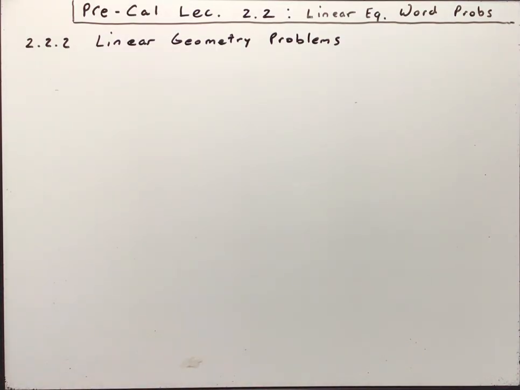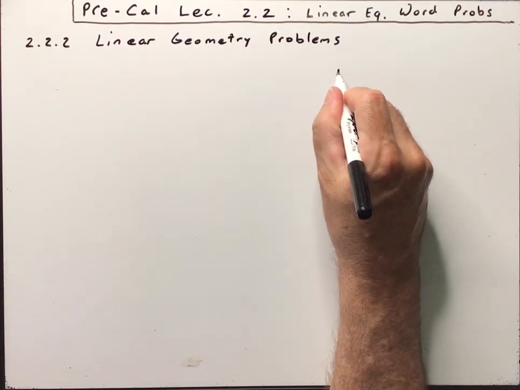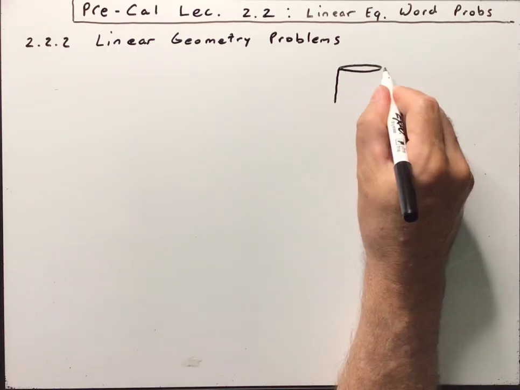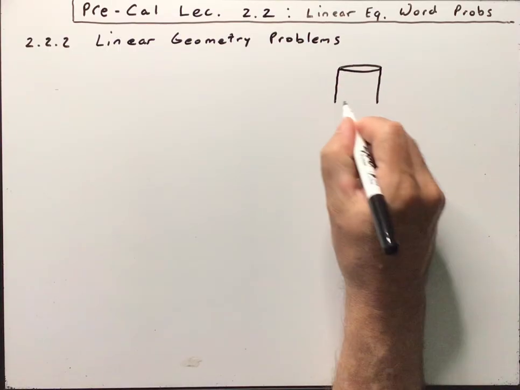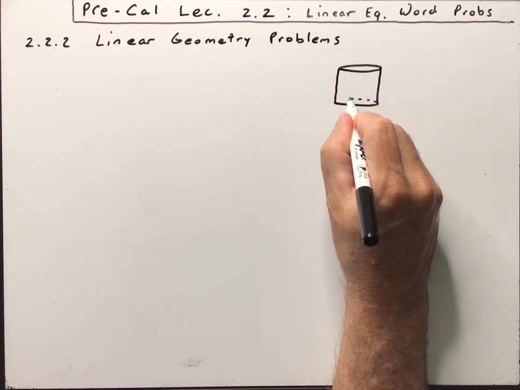Well, I wouldn't really expect you to remember the equation for the volume of a right circular cylinder, but you probably dealt with that in geometry class. But if we were just to draw one out here, it's like a can.